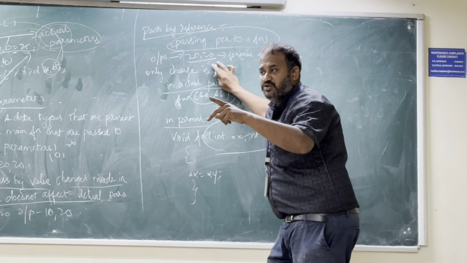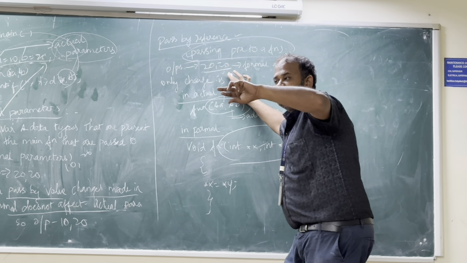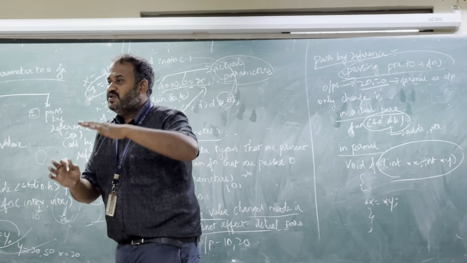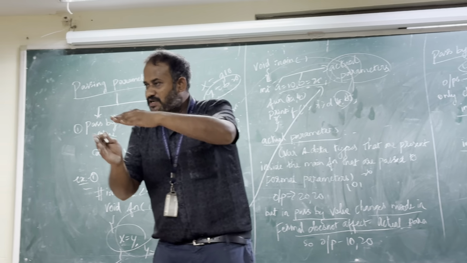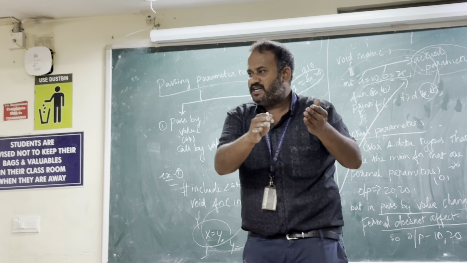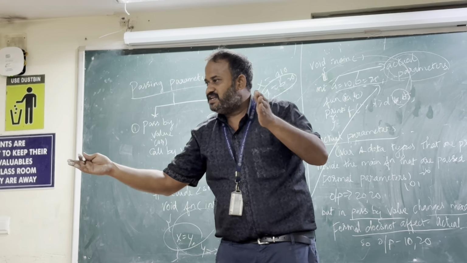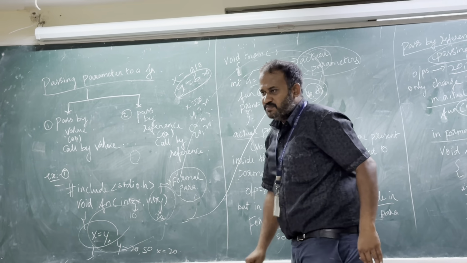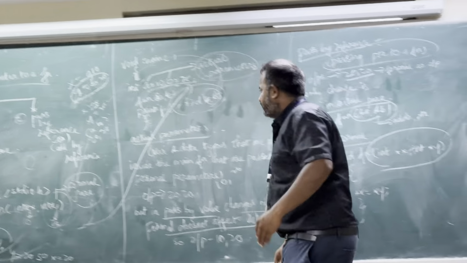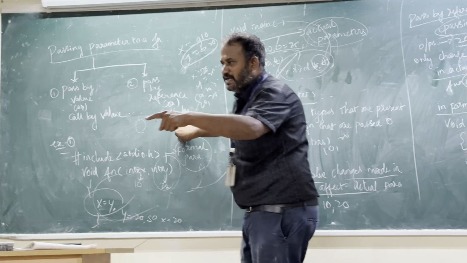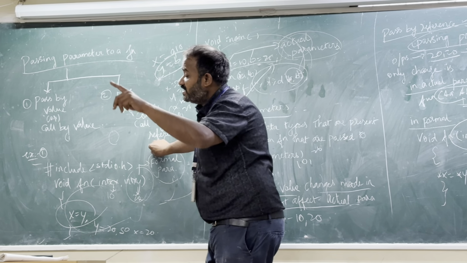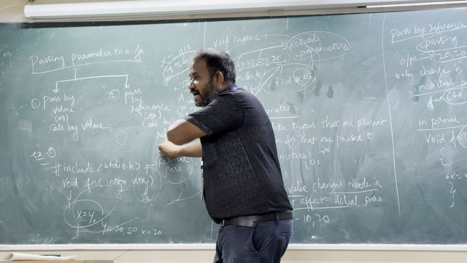So what is call by value? Even though your actual parameter is passed to the formal parameter, it won't affect the actual parameter. So whatever value is given in the actual parameter will be the output. But in case of call by reference, these values will be passed to the formal parameters and the formal parameter will affect the actual parameter.